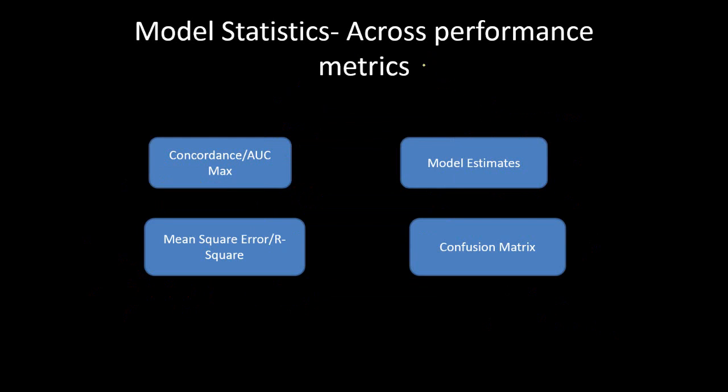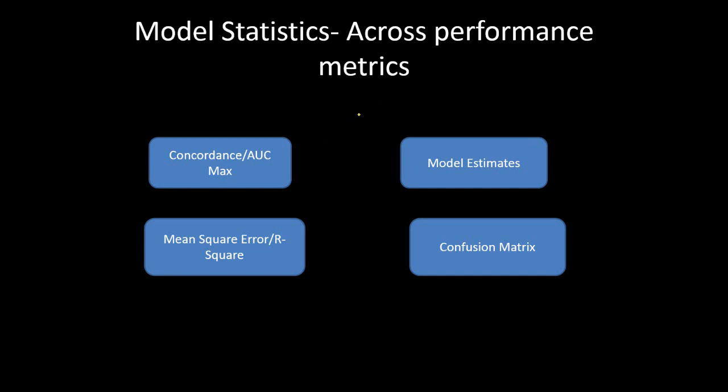The next way of doing model validation is looking at the performance of the model using different metrics. There are a number of performance metrics that you can use to verify that your model is performing well. Of course, it depends on what kind of technique you are using.